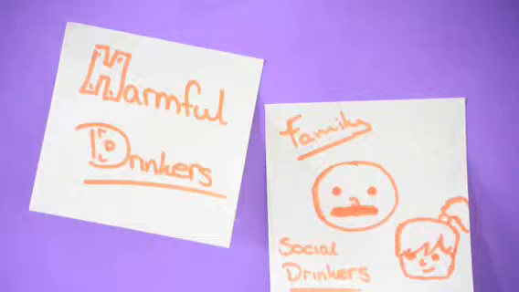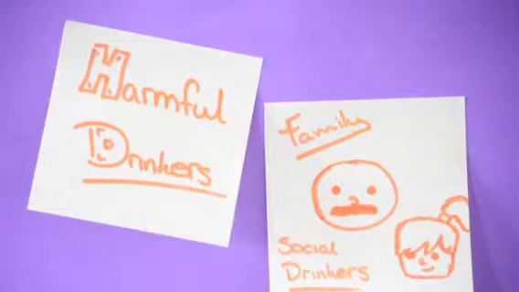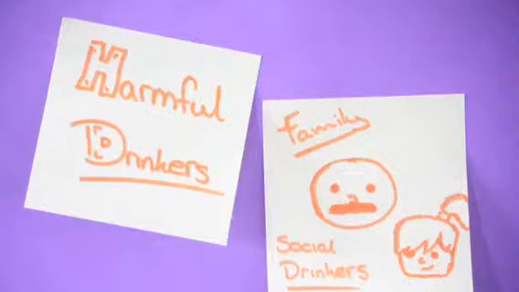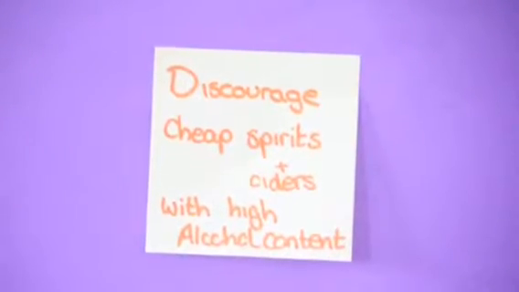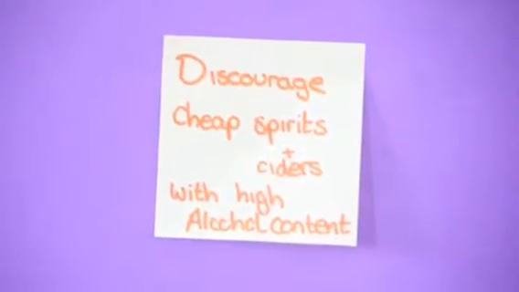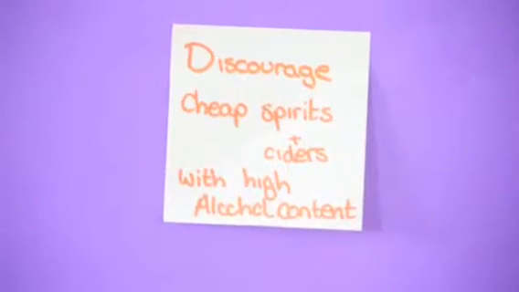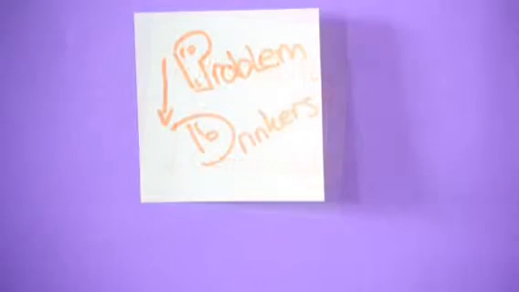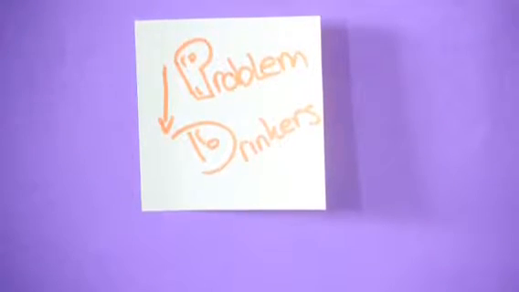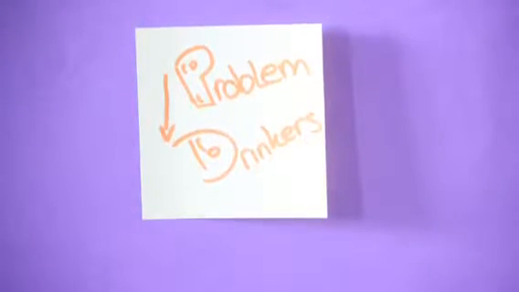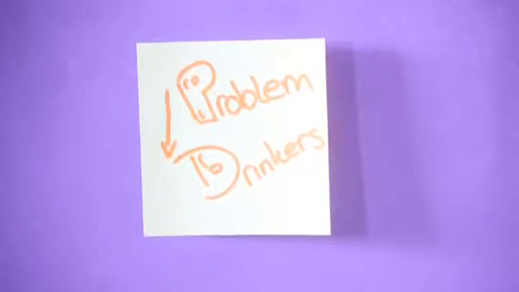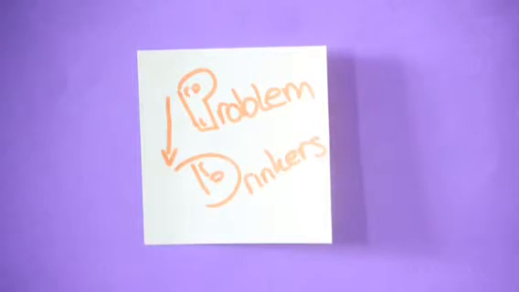Social drinkers who go to the pub are usually sold alcohol much above the minimum price, which means they would be marginally affected by this new policy. This would hopefully discourage the consumption of cheap spirits and ciders with high alcohol content, which would reduce the affordability and consumability of these products. Problem drinkers would be less able to buy these drinks because they're less affordable, and hopefully become less of a problem in the community because they are less able to buy cheap alcohol.